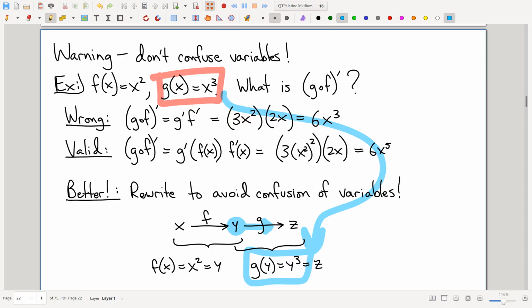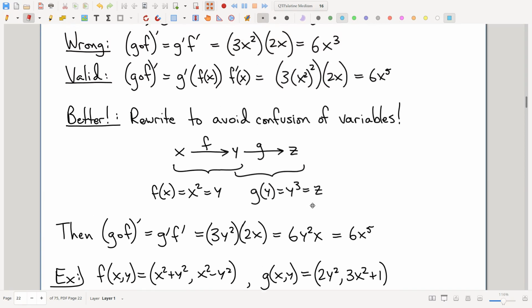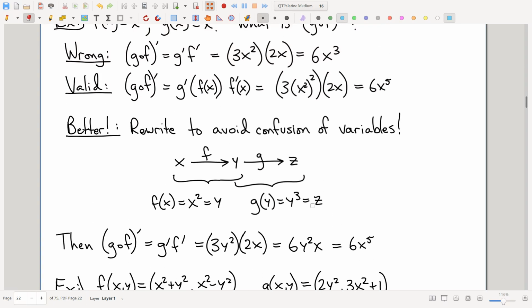All right, and having done that, look how easy the calculation becomes. The same calculation, but let's see here. The derivative of f, you write down.